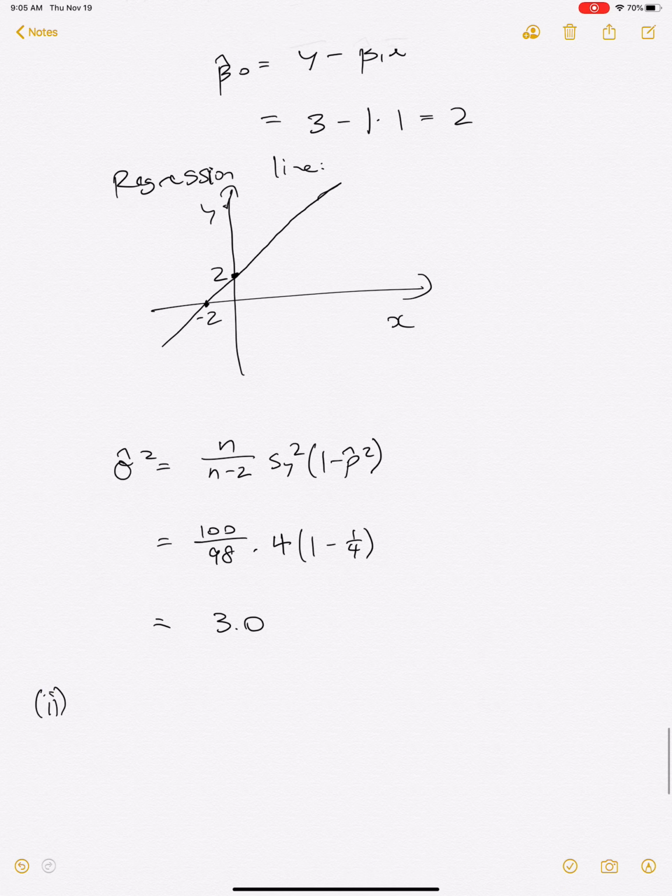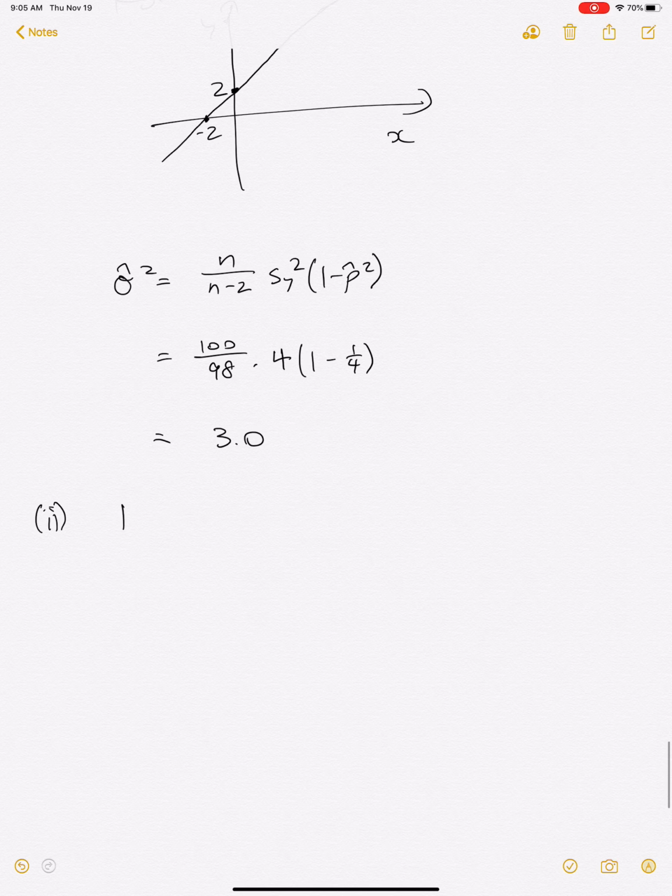The next thing we want to do is to find 95% confidence intervals for beta 0 and beta 1.